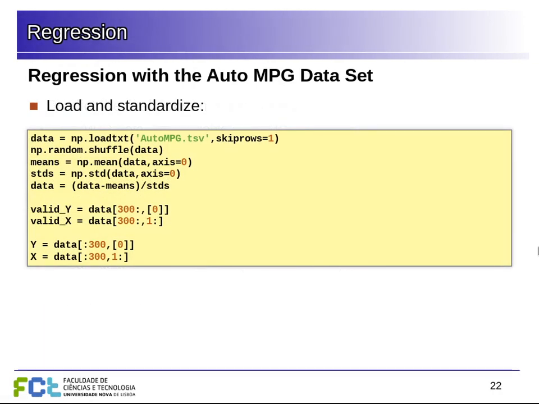So basically, load the data, standardize everything, and retain the scaling values that you used for standardizing, not only so that you can apply the same thing to new examples if you want to predict them with your model, but also so that you can then convert the output of the model into the correct units of miles per gallon.